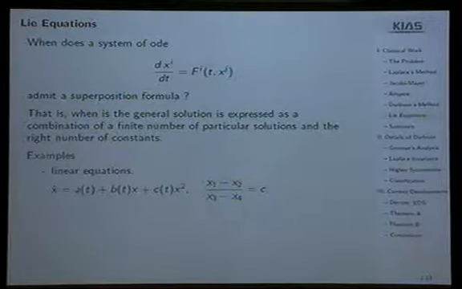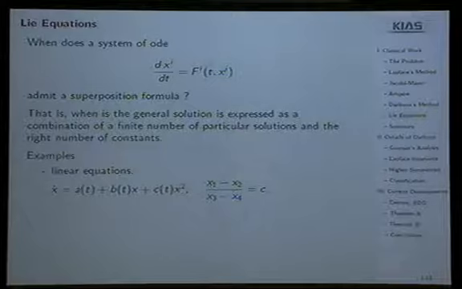We already talked about linear equations, and here's a famous example called the Riccati equation. The Riccati equation has the property that if you know four solutions, so x1, x2, x3, x4 are all different solutions, and you take this cross ratio, differentiate it with respect to t, and substitute from the equation, you get 0.